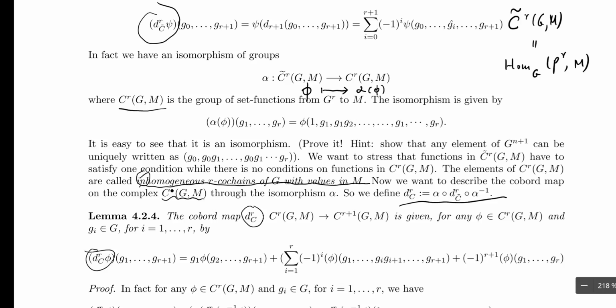I mean there is a 1-1 correspondence between these two, and here you are just defined as a set, but phi is a G-homomorphism. So once you can show that any element of G^(m+1) can be written in this form, it means this is the general form of elements in this way.